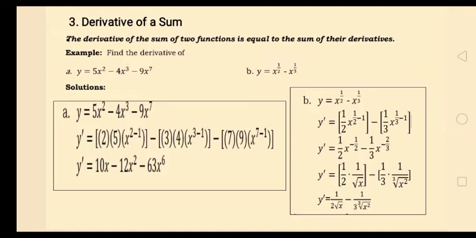Since that is a variable raised to negative 1/2, then we will multiply 1/2 by 1 over the square root of x. Also with the next term, that is 1/3 times 1 over the cube root of x squared.